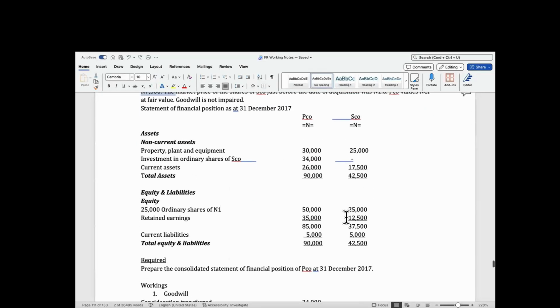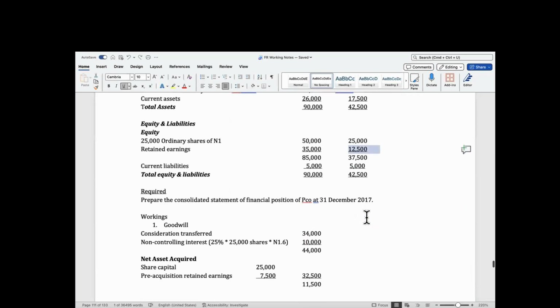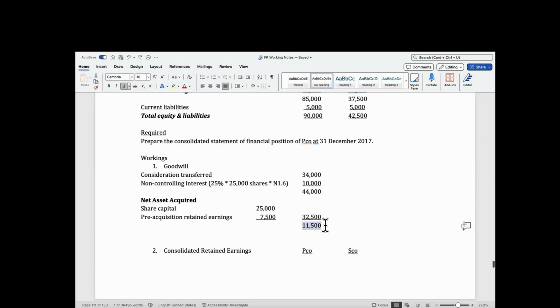And that was why we were conveniently able to use the total retained earnings as pre-acquisition retained earnings. So from there, I got my excess, which we call goodwill, because I paid over and above the net asset.